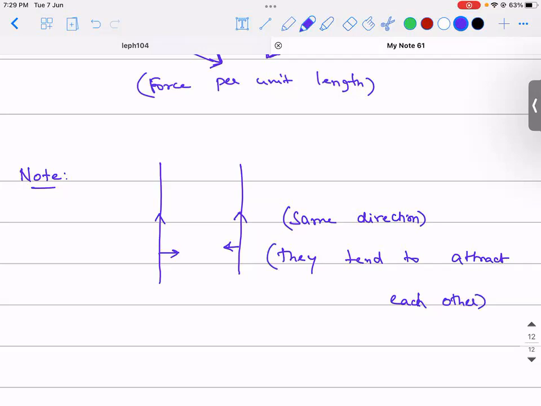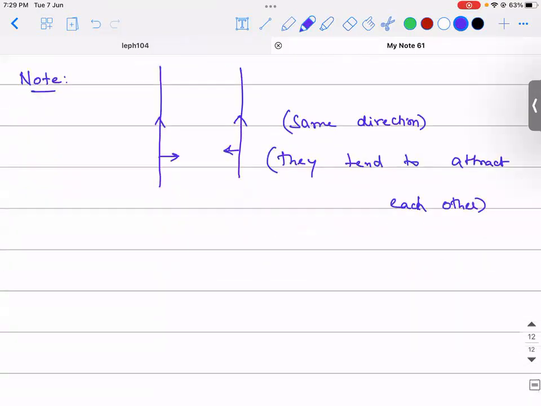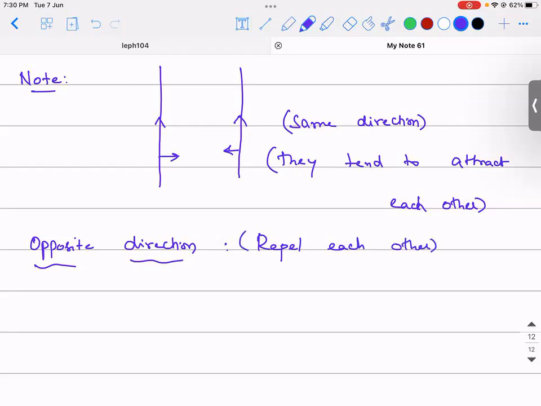We think they will repel, right? But here what will happen is they will attract each other. Okay. In a similar way, if the currents are flowing in opposite direction, what can you say? They tend to repel each other. So this is another important question they will ask you.